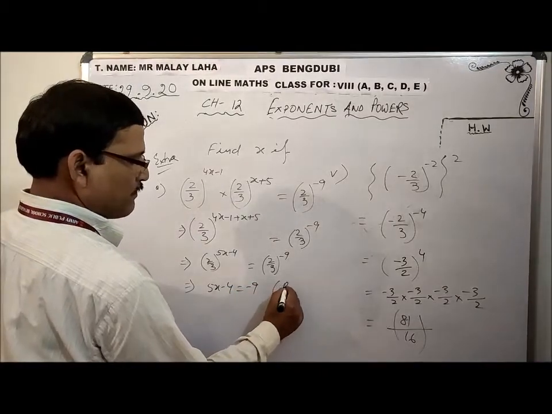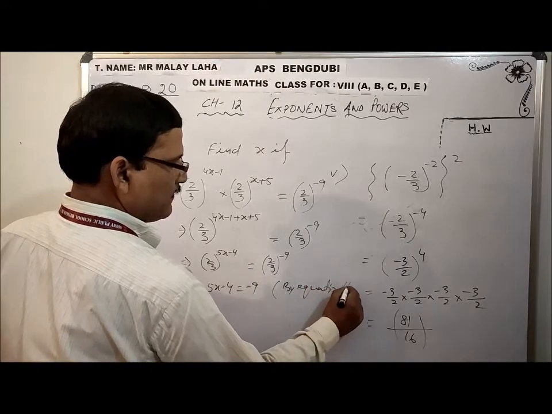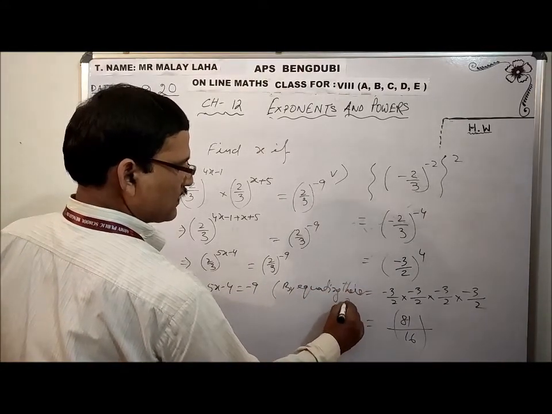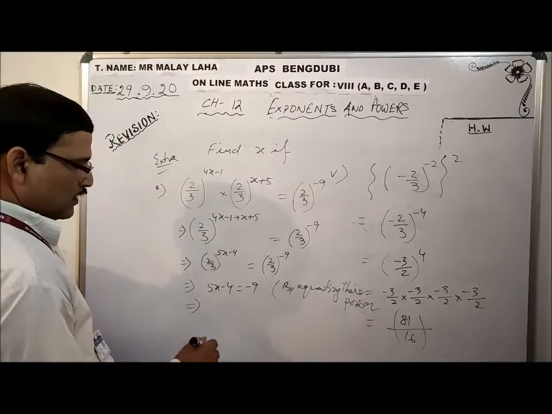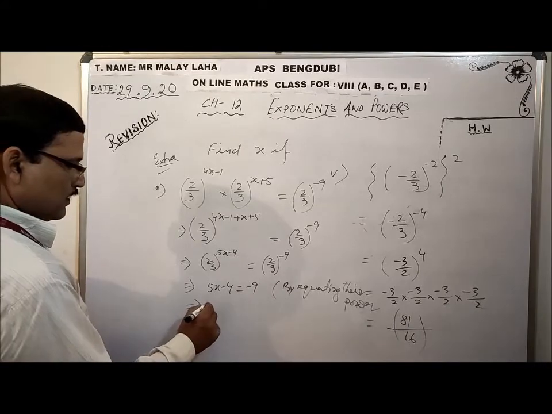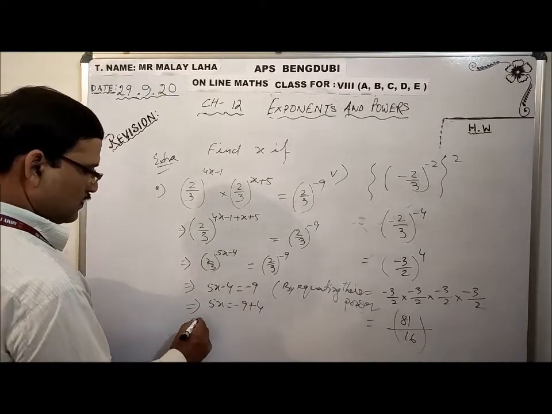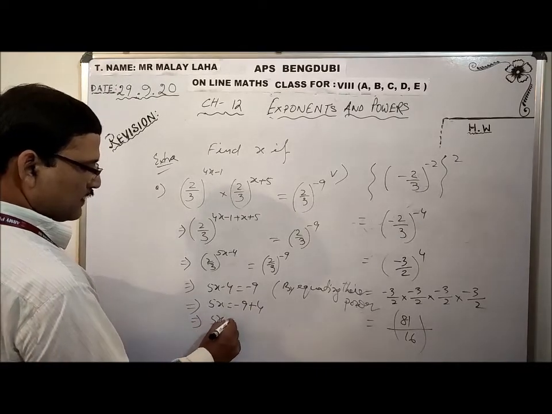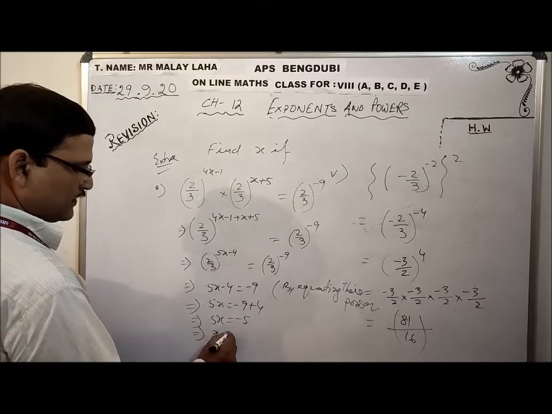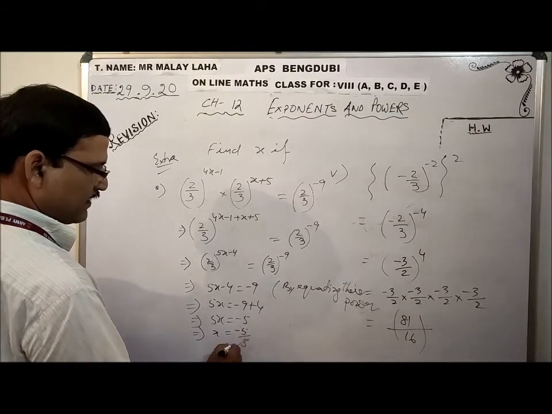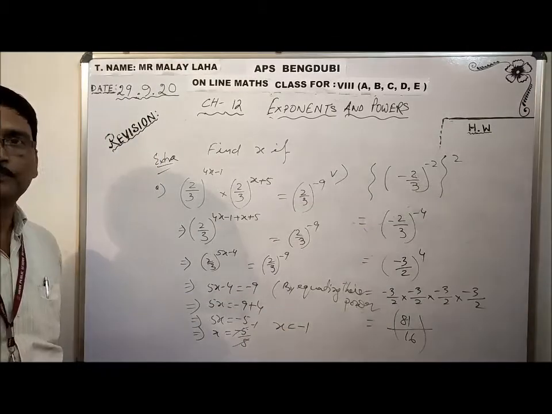By equating their powers, it will be 5x equals minus 9 plus 4. 5x equals minus 5, or x equals minus 5 by 5, cut, x equals minus 1.